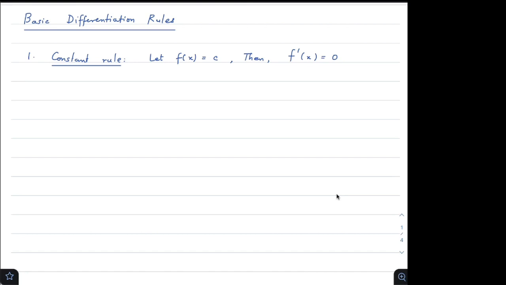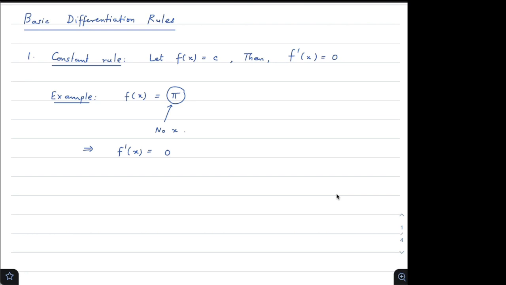It's fixed. For example, consider the function pi. Now, as you can see, pi doesn't have any x in it. The independent variable x is missing in this function. As a result, you can say that the derivative of this function is 0.